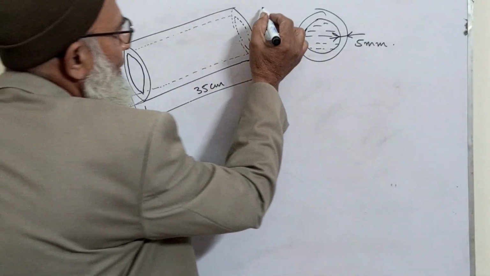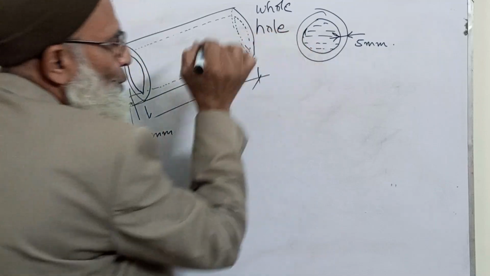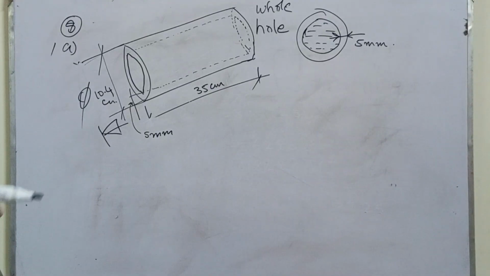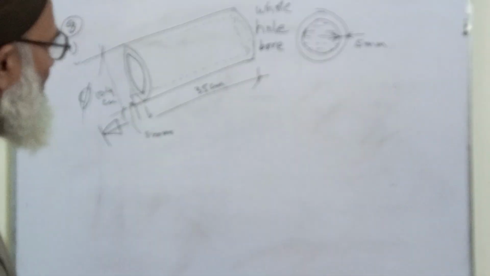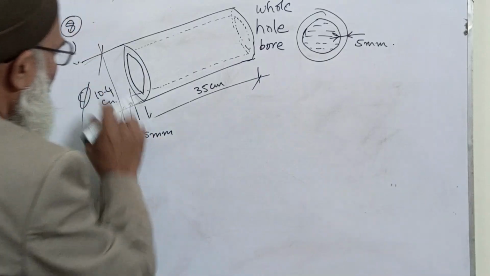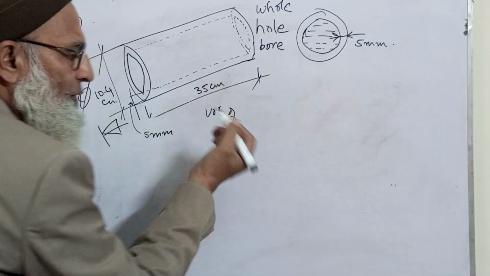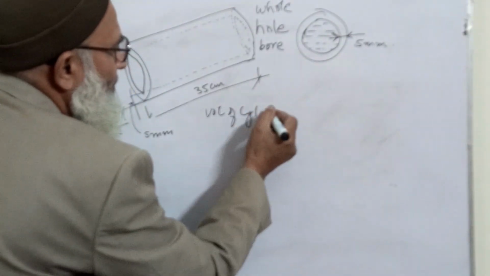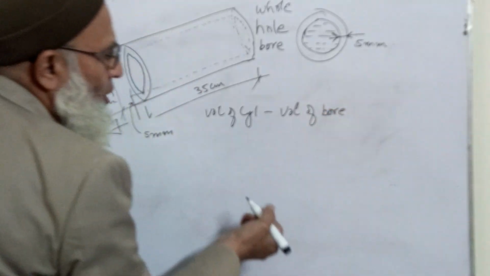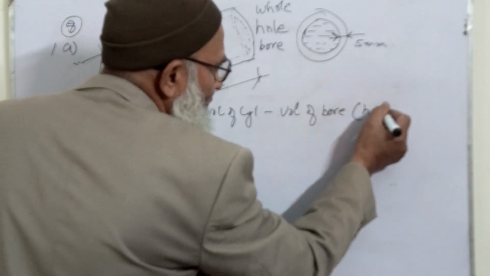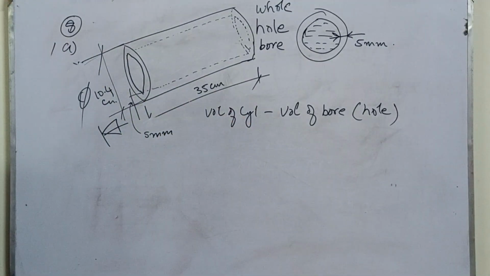You can also say bore. Now the volume of external cylinder minus volume of bore or hole, you can also say hole.